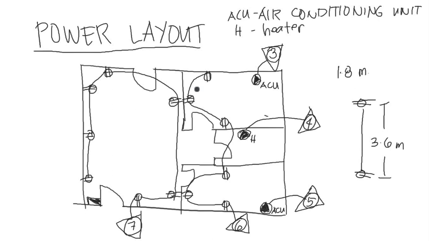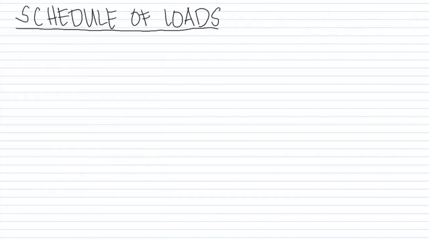So after you have done your power layout, you are ready to make the schedule of loads. Now, for the schedule of loads, you will have a table. First, the number of branch circuit. Next would be the name of branch circuit.